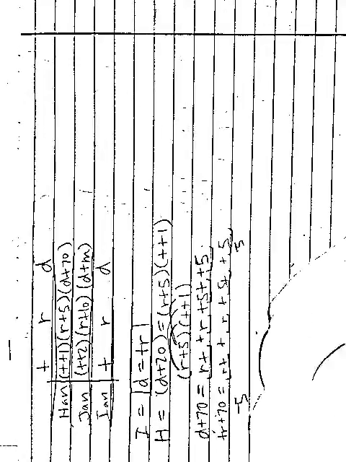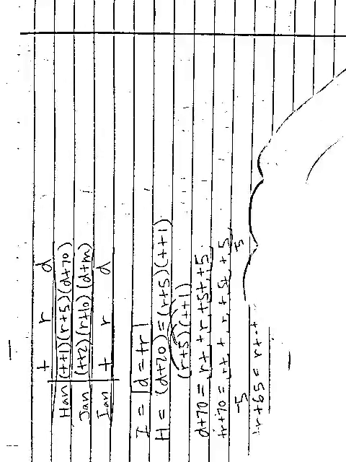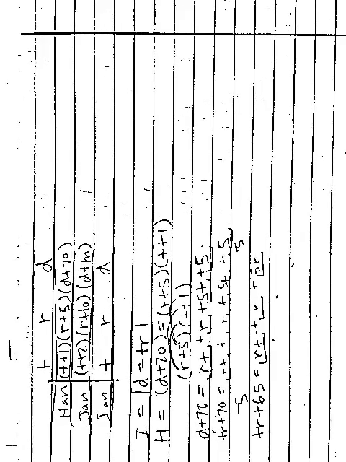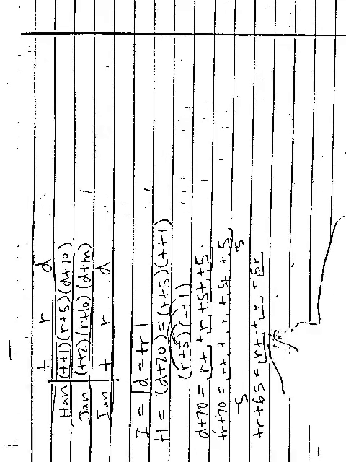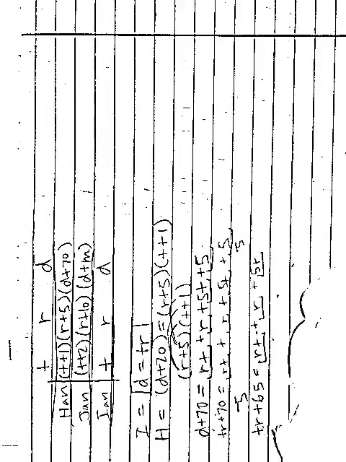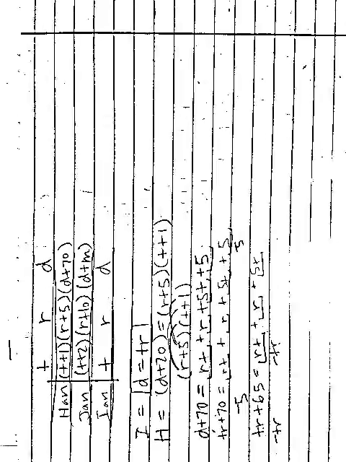Okay, and so if I subtract 5 from both sides, then I get TR plus 65 equals RT plus R plus 5T. And if I subtract TR, this and this are the same because they're multiplied.